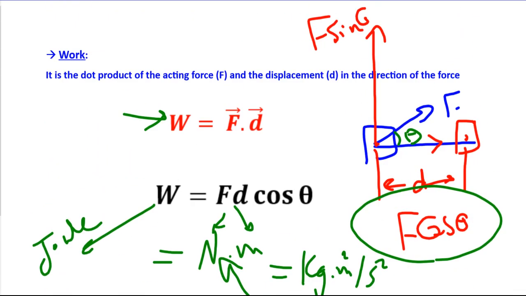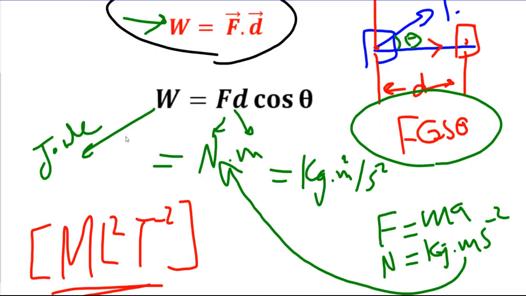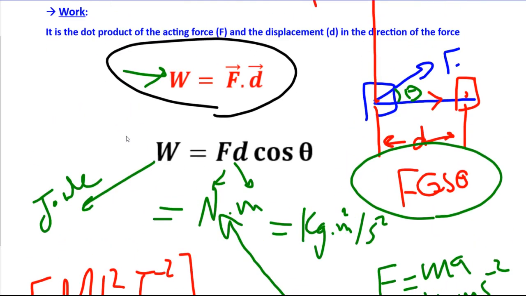From here we can find that work is a scalar physical quantity, as the result is the dot product of force and displacement, and I have reminded you that the dot product produces a scalar physical quantity. So work is a scalar quantity. As work is a scalar, it can be positive or negative or zero.